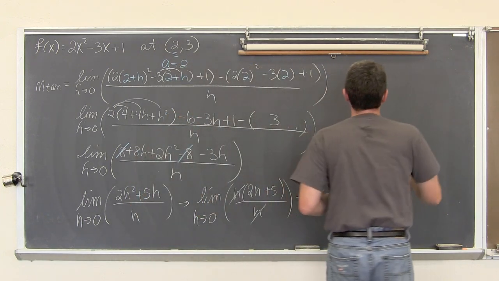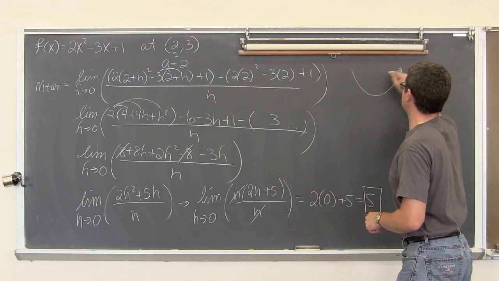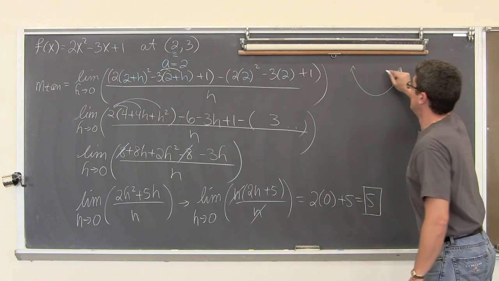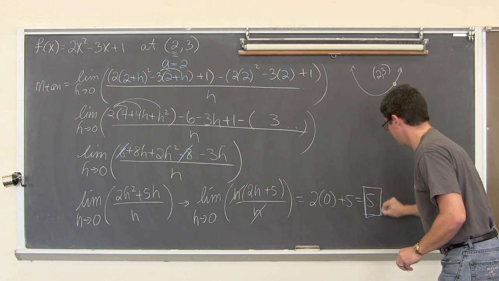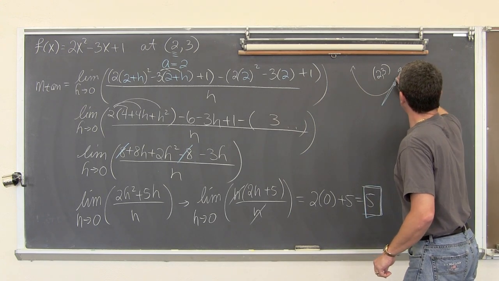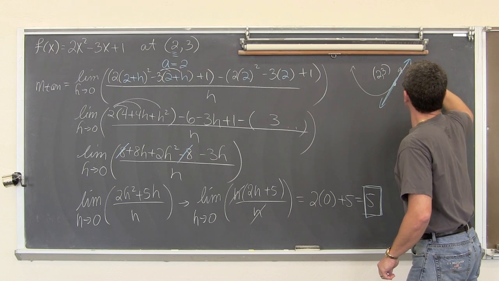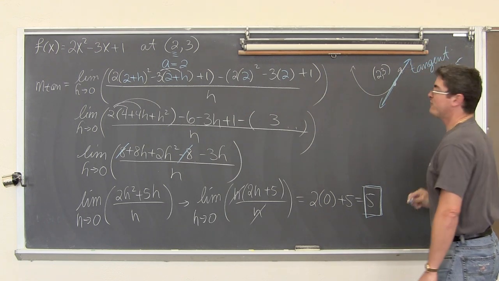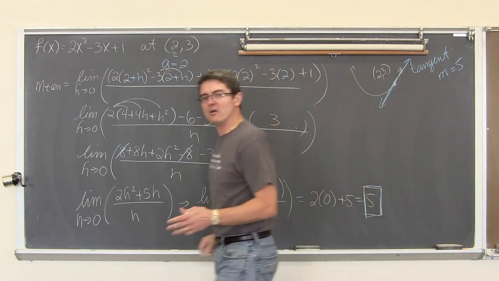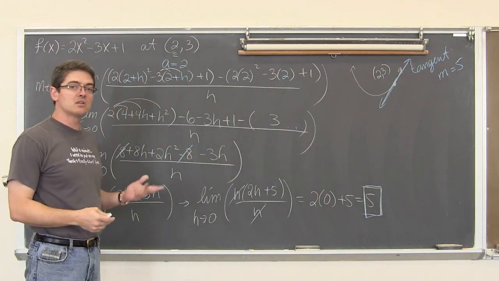So let me just quickly, I'm not going to try and make this accurate, but there's this point at 2, 3. Here's a tangent line with a slope of 5.